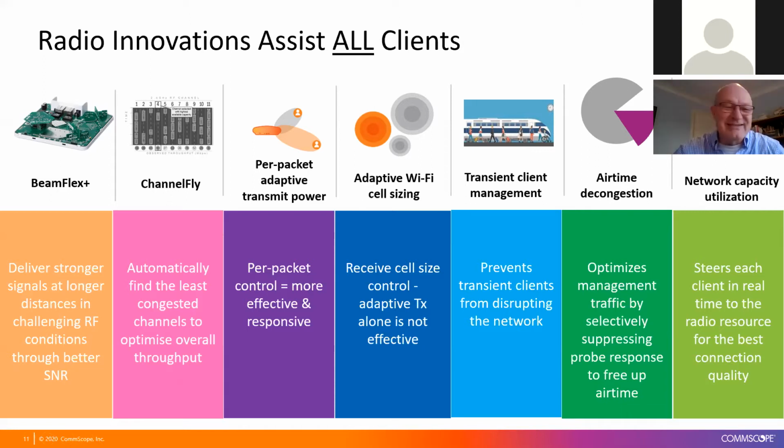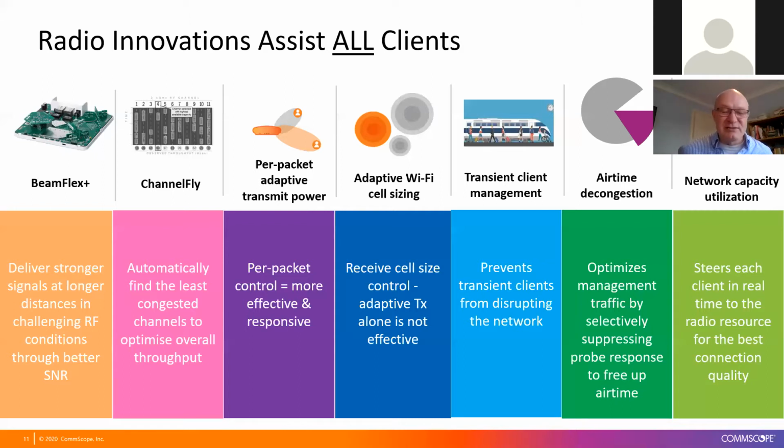BeamFlex is a patented system within our access points that uses great radio technology and great antenna technology to be able to focus signals on particular clients on a packet by packet basis, therefore delivering a stronger signal at longer distances, even in challenging situations, through enhancing the signal to noise ratio, which means that signal gets through.